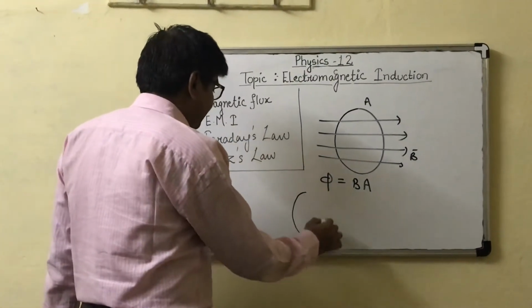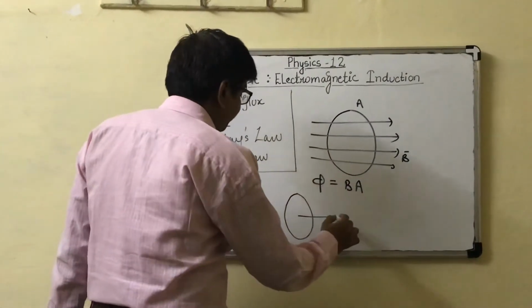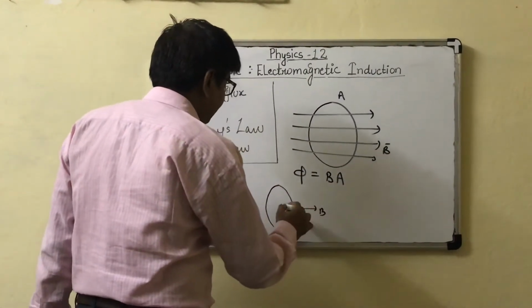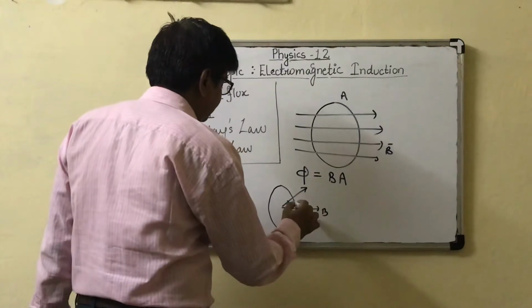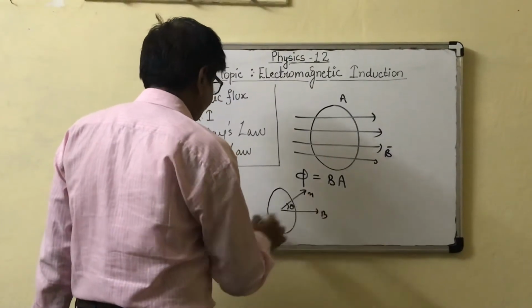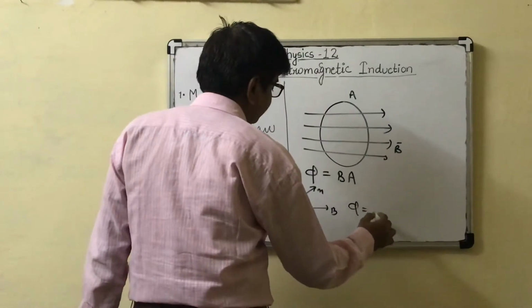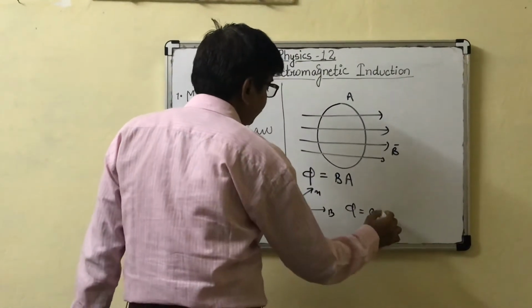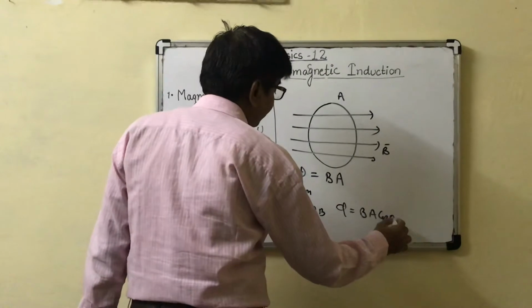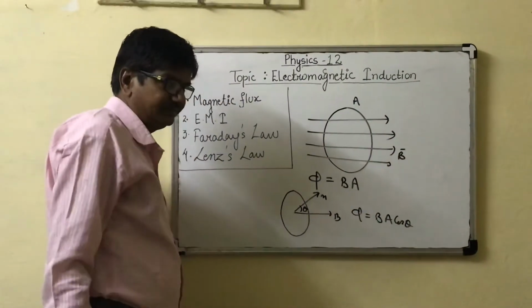Now if the magnetic field makes an angle theta with the normal, then phi is equal to BA cos theta, that is, the component of magnetic field.